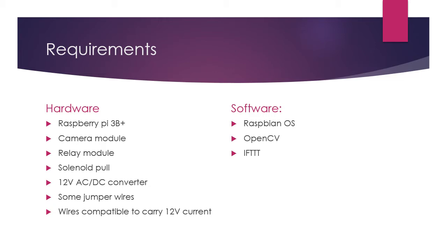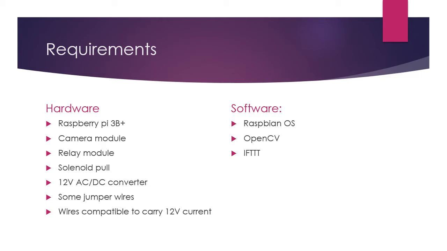The 12 volt AC/DC converter is a power supply source which will be needed to connect to the solenoid pull and the relay module. Some jumper wires are used to connect the relay module to the Raspberry Pi, and the wire which can carry 12 volts is important as I need something to connect my 12 volt converter to the relay module.